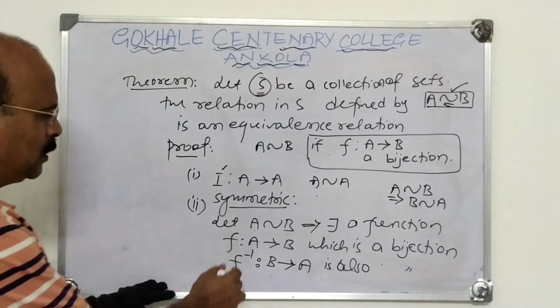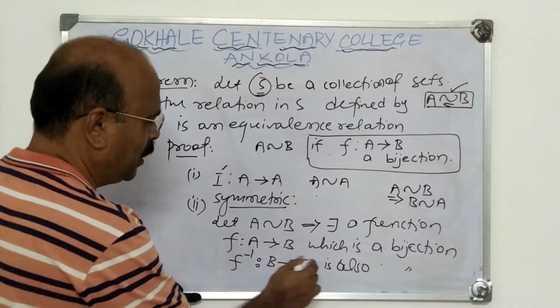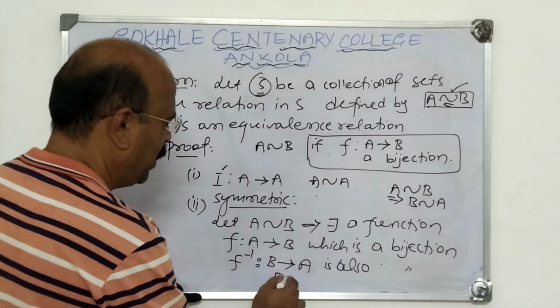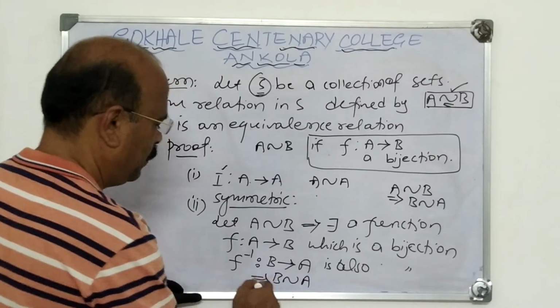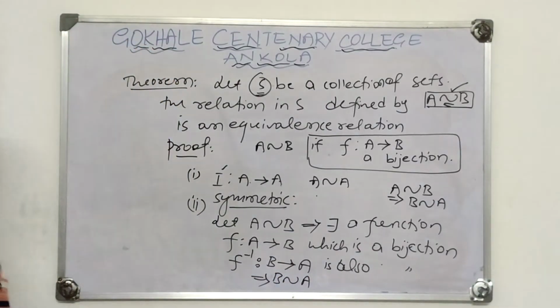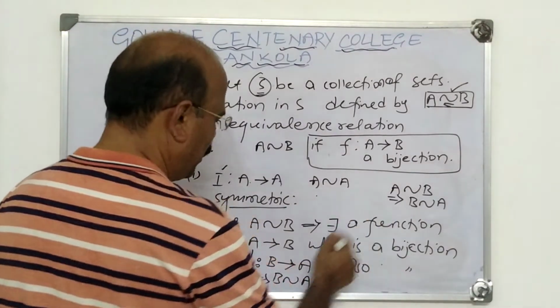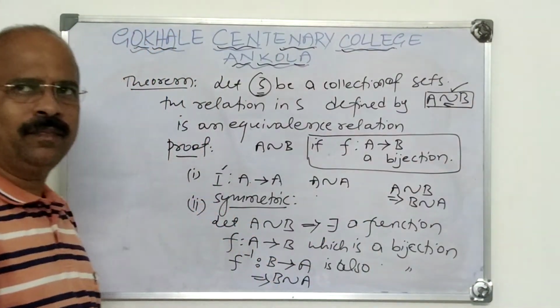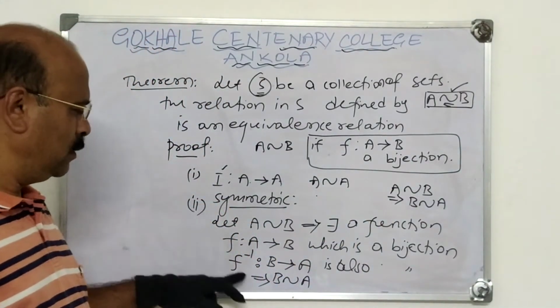So F inverse from B to A is a bijection means B is equivalent to A. Therefore, if A is equivalent to B, B is equivalent to A. So the relation is symmetric.